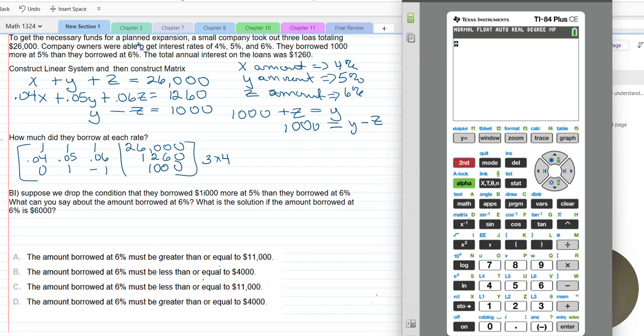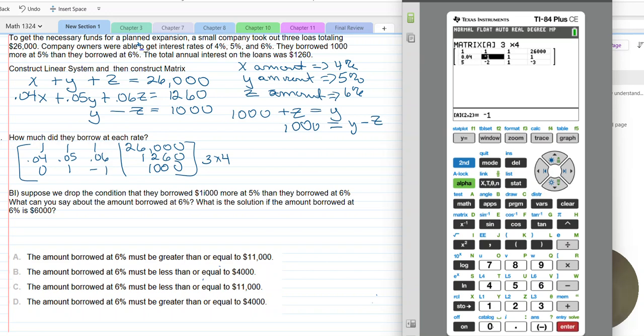We're going to go second matrix and we're going to edit. Enter. And it's a 3 by 4. Now we're going to enter what we know. 1, 1, 1, 26,000. Careful on these things. 0.04.